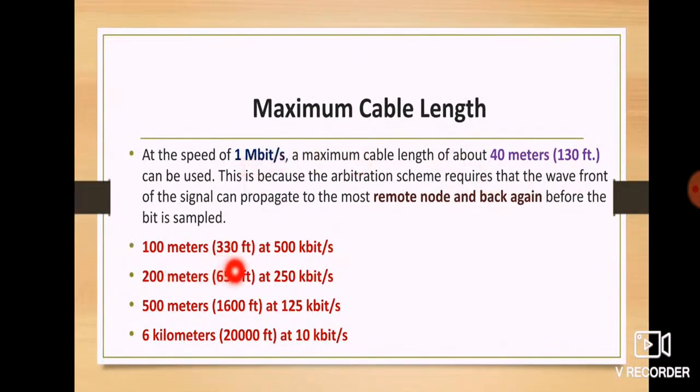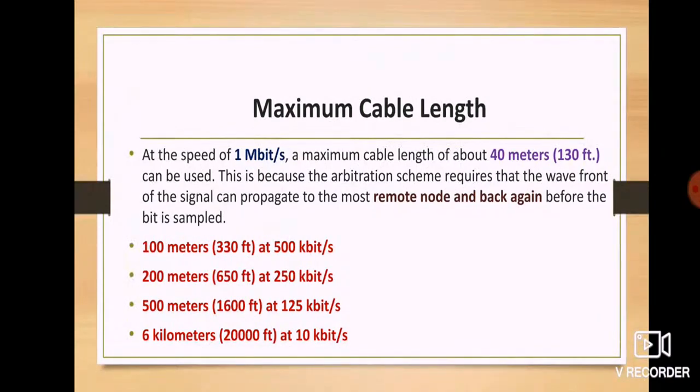But in 330 feet, 100 meters, it is just 500 kbps. Then at 200 meters it will be 250 kbps. At 500 meters, that is 1600 feet, it will be 125 kbps. Then at 6 kilometers, around 20,000 feet, it is 10 kbps, the minimum transmission speed of CAN.